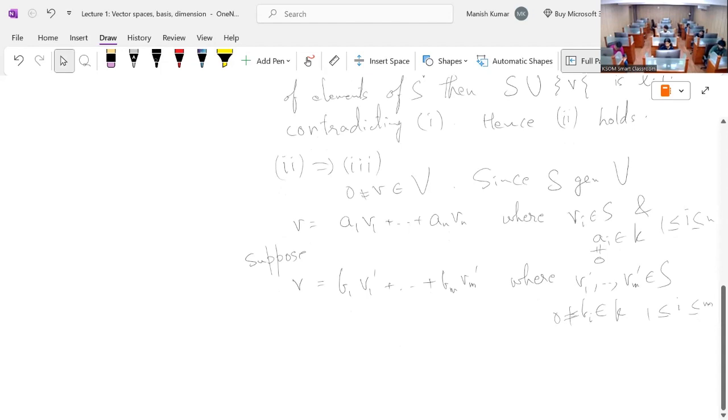So you take the difference, and now maybe you sort of merge these two sets, v1 to vn and v1 prime to vm prime. To write things formally, it requires a little more effort.